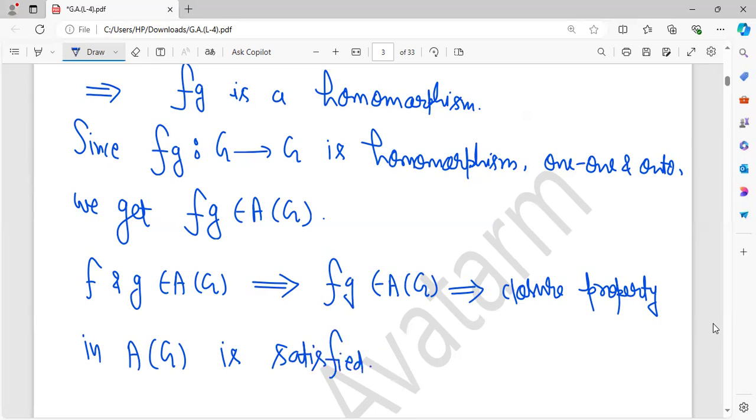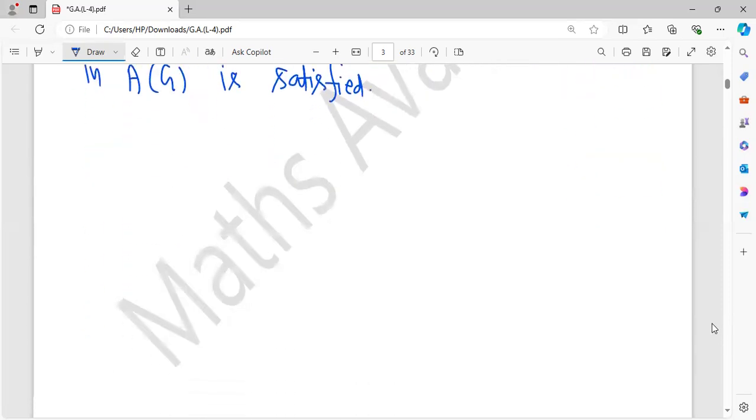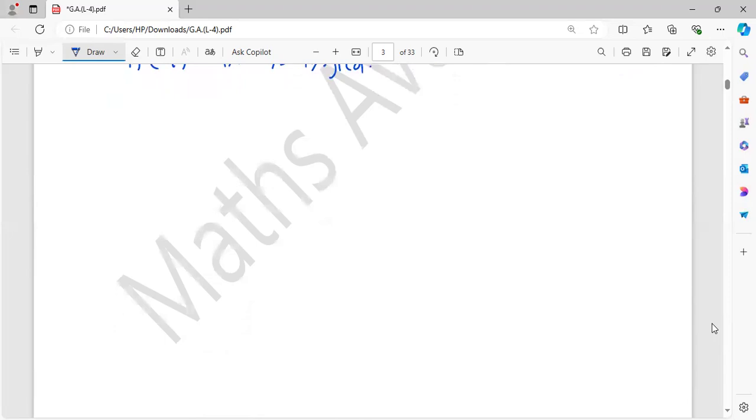Now what is the associative property here? Now associativity, you can say.